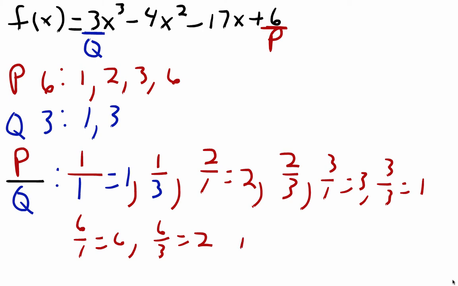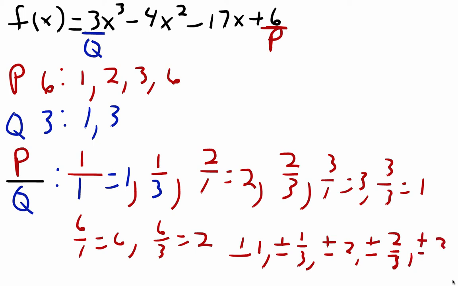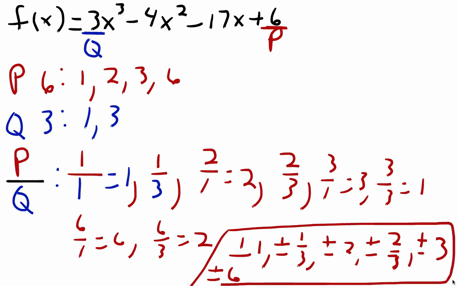We're going to have plus or minus 1, plus or minus 1/3, plus or minus 2, plus or minus 2/3, plus or minus 3, and we already have 1, so we don't have to do that again, plus or minus 6, and then plus or minus 2, but we already had that once, so we don't need to do it. So those are all our possible rational zeros.